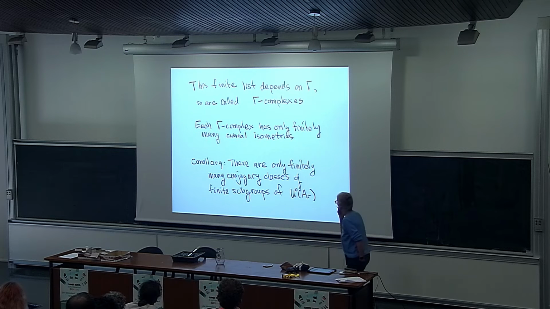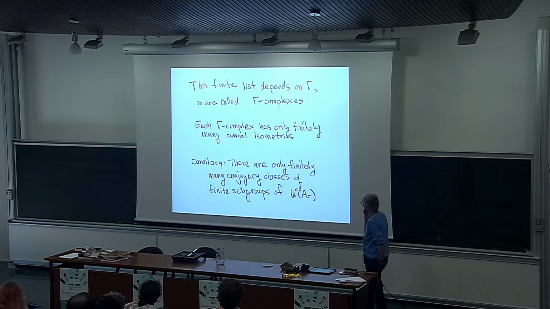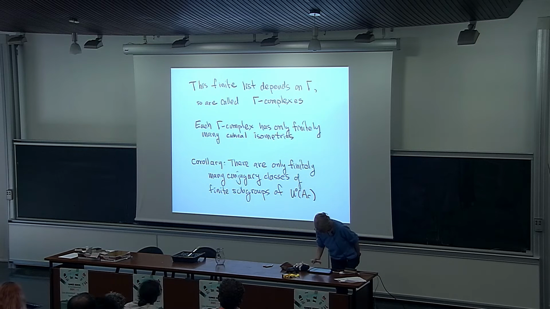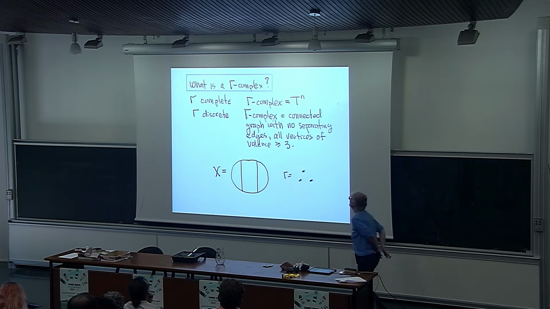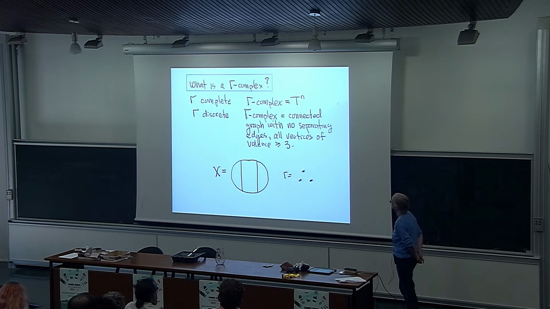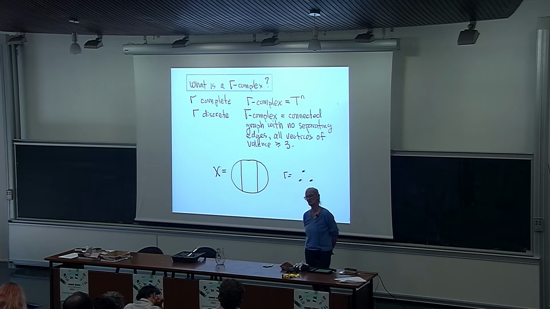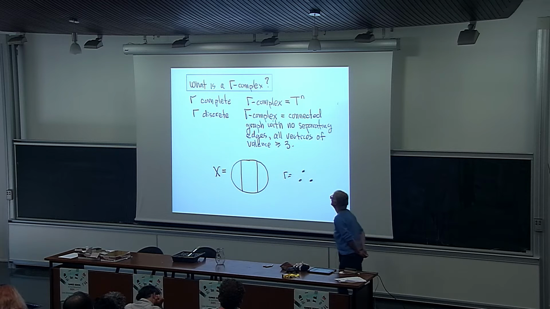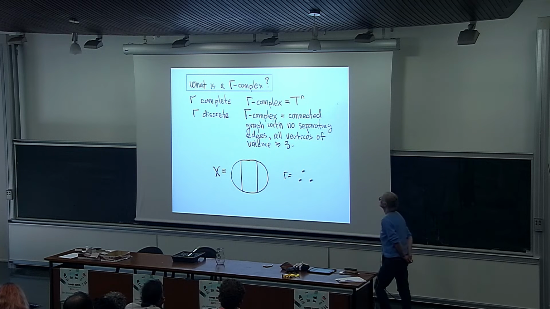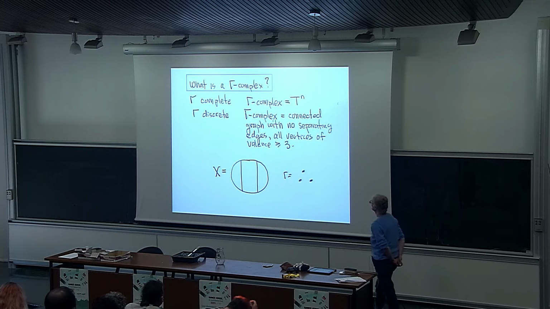So in order to explain what's going on, I have to tell you what a Gamma complex is. Well, if Gamma is a complete graph, then a Gamma complex is the n-torus. That's the only Gamma complex. But that doesn't have any untwisted automorphisms either, so we're not really so interested in that one. On the other hand, if Gamma is a discrete graph, a Gamma complex is going to be a connected graph with no separating edges, and all the vertices have to have valence at least 3.